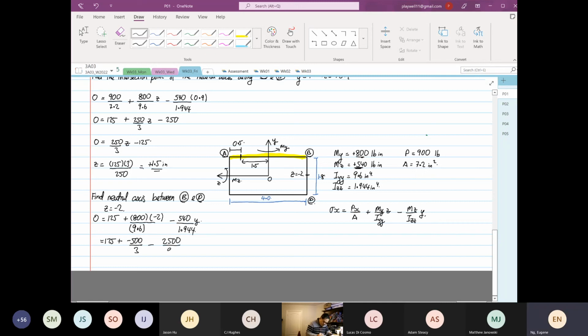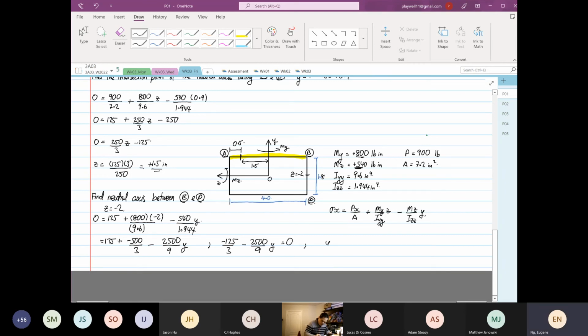over 9 y. Okay, so I'm going to continue over here. So 125 minus 500 over 3 is equal to minus 125 over 3, minus 2500 over 9 y is equal to 0.